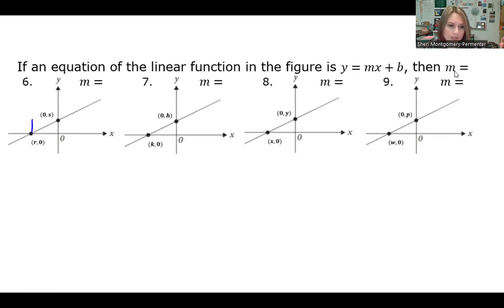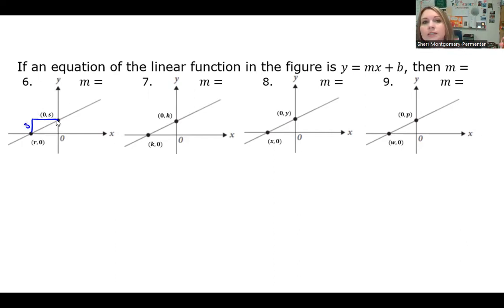So the same thing that we do every time we figure out slope, right? All we need to do is figure out the distance that we have to go up and the distance that we have to go over, and they're just calling it R and S. The answer is in terms of R and S. So if I go from 0 up to this point, I went a distance of S, which is weird, but that is what they're calling it.